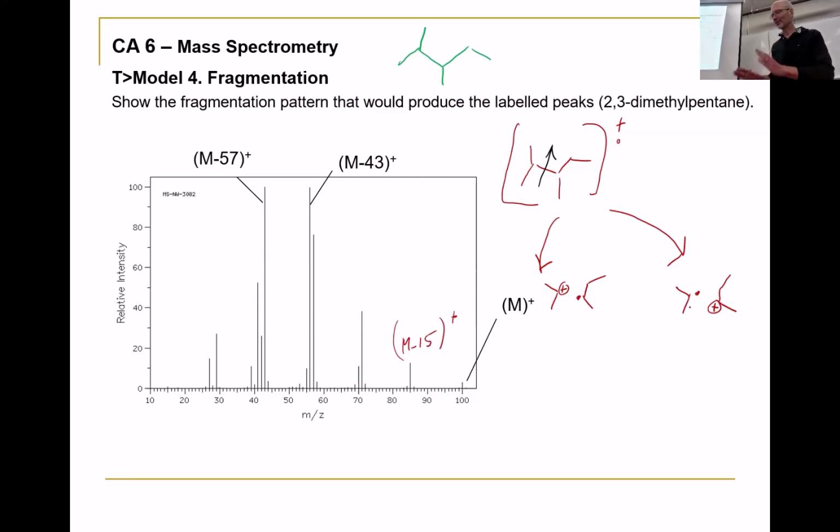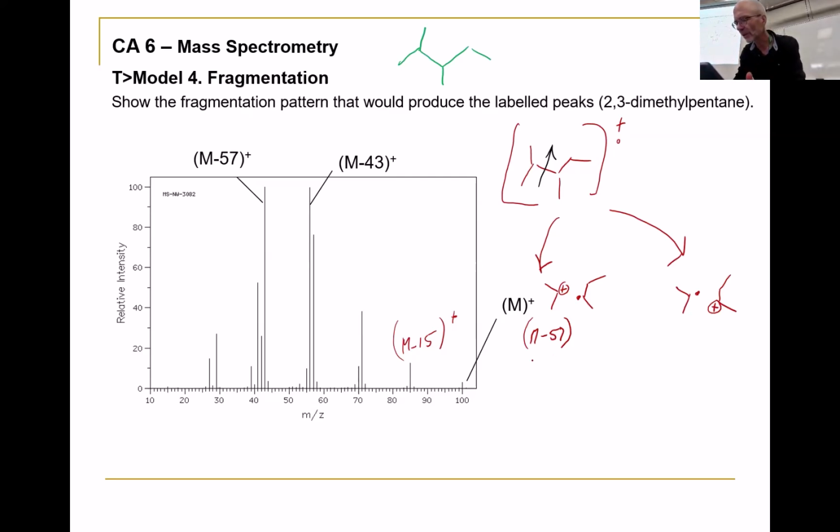Now, maybe we should do some labeling. Which of these resulting patterns, which one is the m minus 57? Exactly, the one on the left, right? So this peak here would be the m minus 57 peak, the one that's occurring at 43.